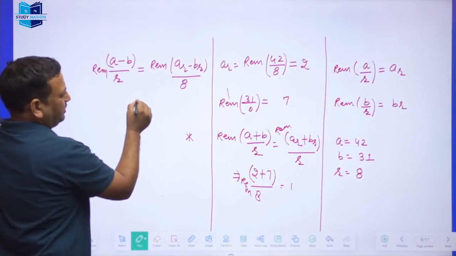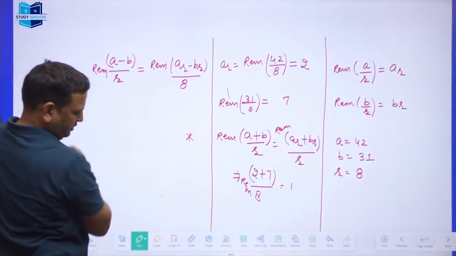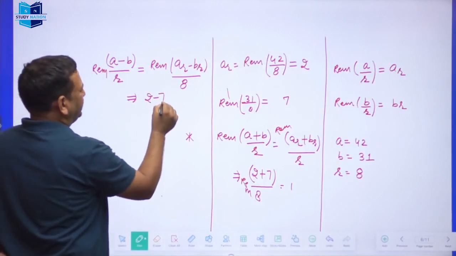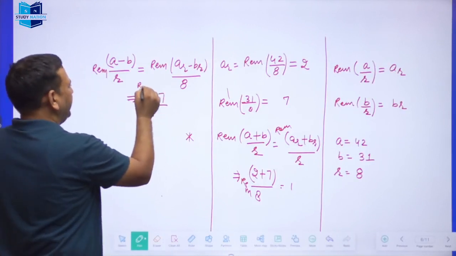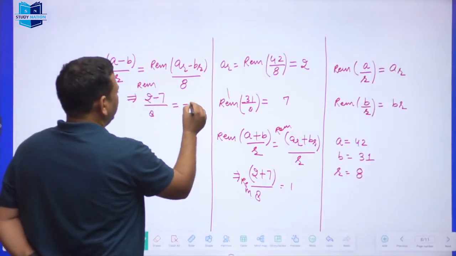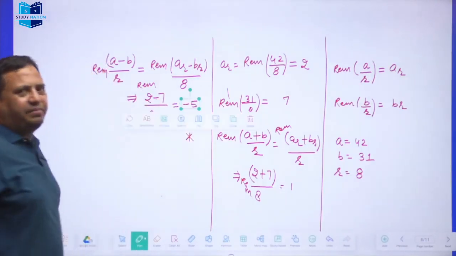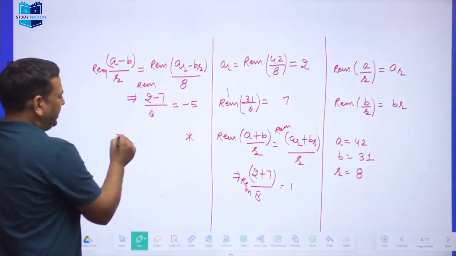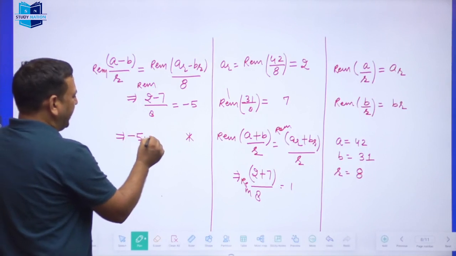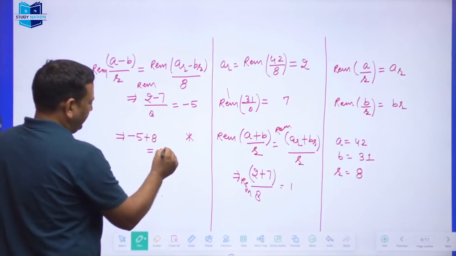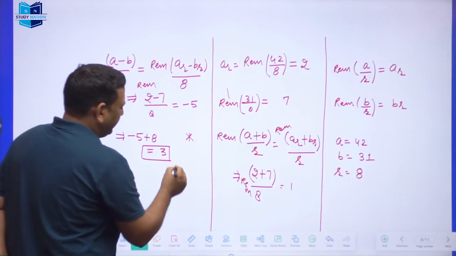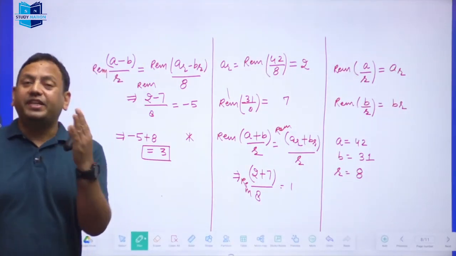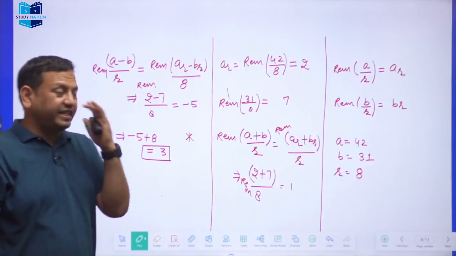So it would be 2 minus 7 divided by 8, remainder. Now it is a negative value. So whenever you get a negative remainder, add the divisor. So minus 5 plus 8, you will get 3. Clear? So whenever you get a negative number, add the divisor again.